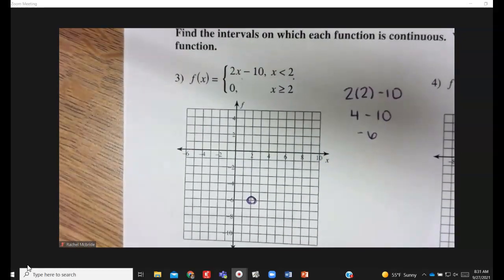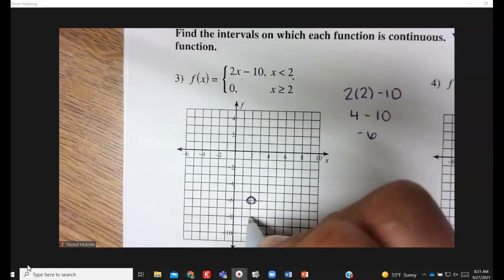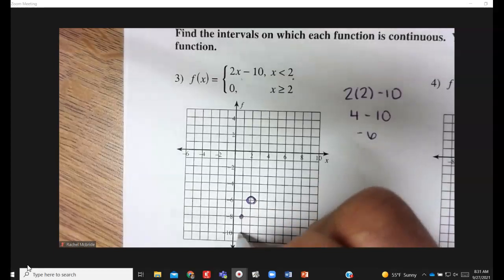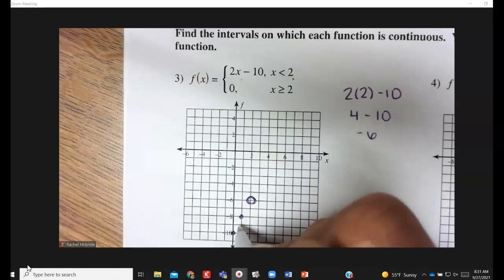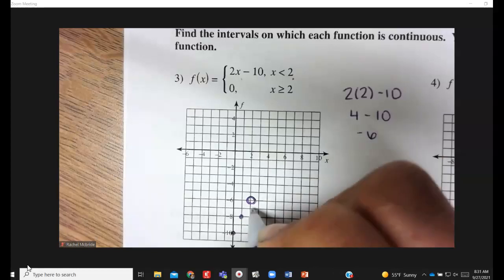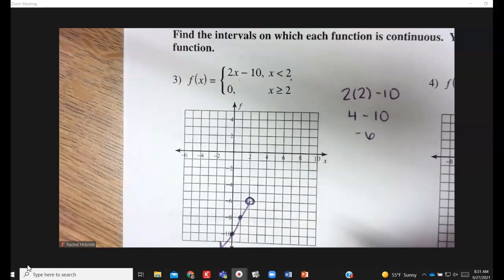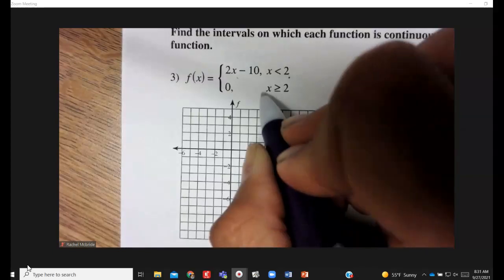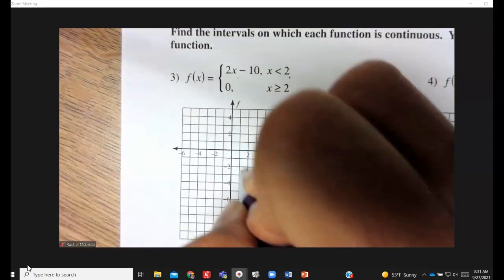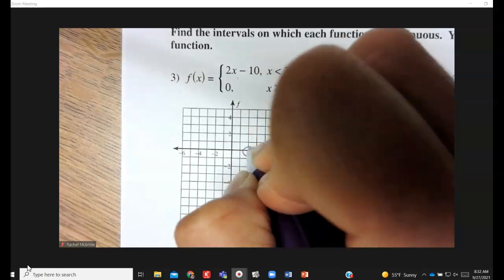And the slope of the line is up 2 and over 1. So since we're going to the left, it'll be down 2, left 1, down 2, left 1. And then from 2 to infinity, the graph is at 0.